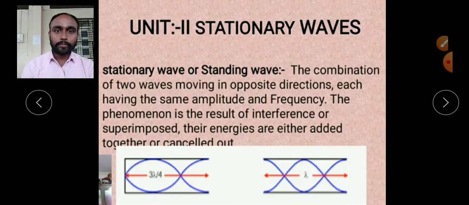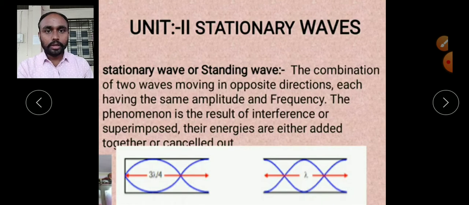Moreover, these nodes and antinodes do not depend only upon position; other things are there, velocity is there, strain is there, depending on that we have to say whether it is a node or antinode. Moreover, some parameters depend on time also, so we have to see the changes with respect to position as well as with respect to time.